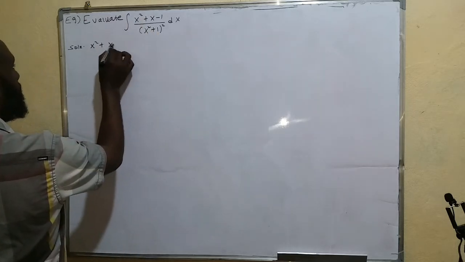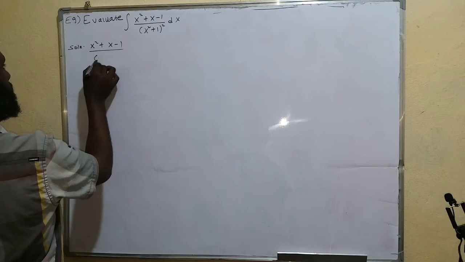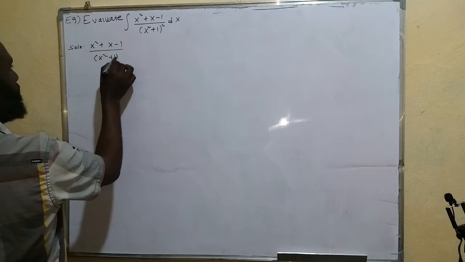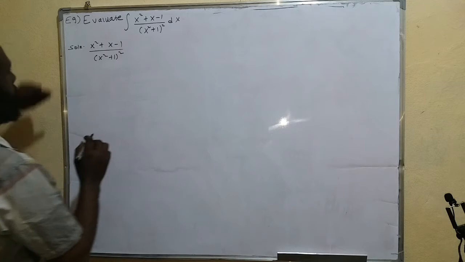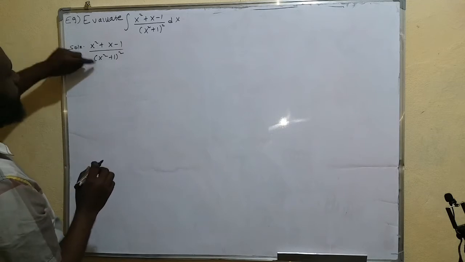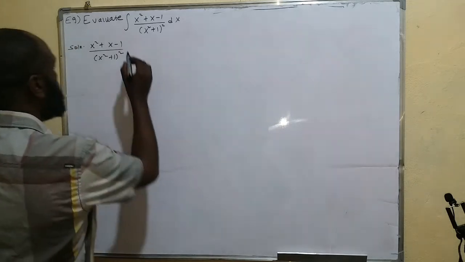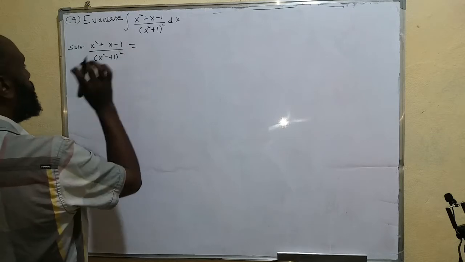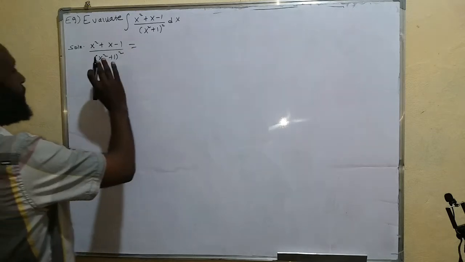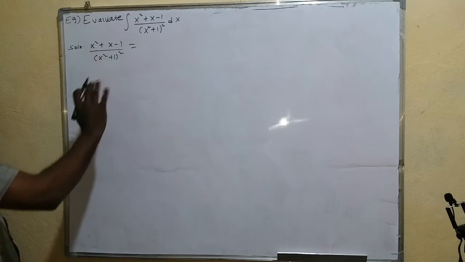x squared plus x minus 1 over x squared plus 1, the whole square. This is degree 4 in the denominator and degree 2 in the numerator, therefore this is a proper rational expression. We don't have a linear factor. The only factor that we have is this irreducible quadratic factor.